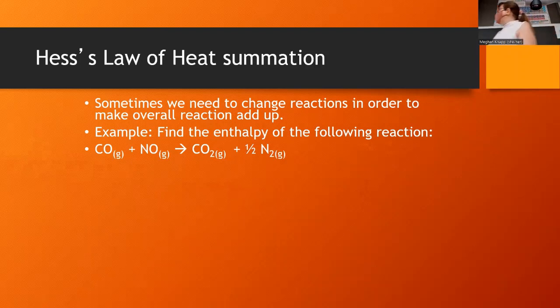Okay, so it's going to be carbon monoxide plus nitrogen monoxide forming carbon dioxide and half a mole of nitrogen. And notice we don't have a delta H for this one. So the one that doesn't have a delta H, that's our goal equation. That's what we're trying to get to. The steps that we do know the enthalpy for are these two.